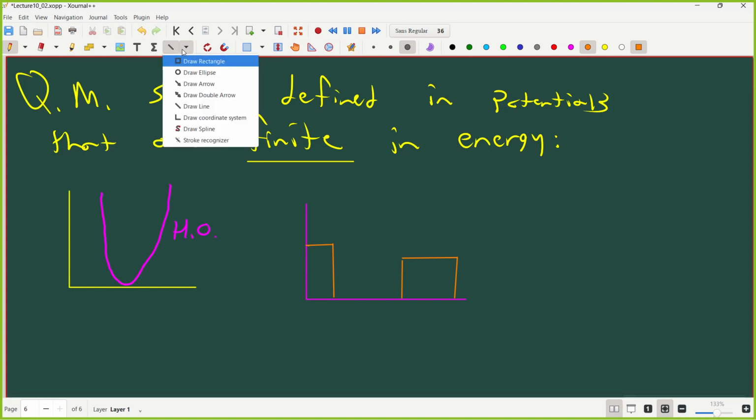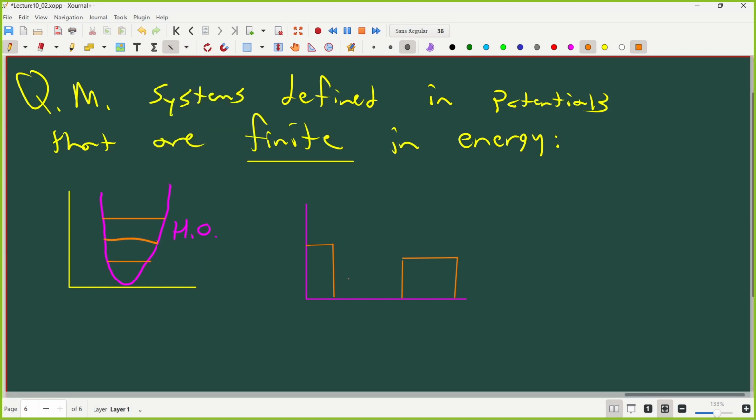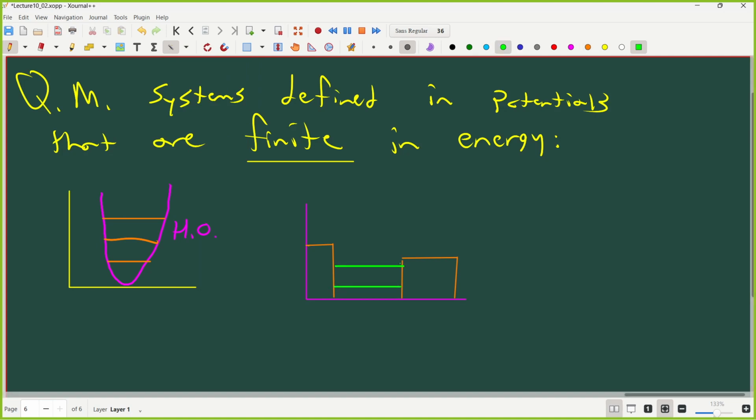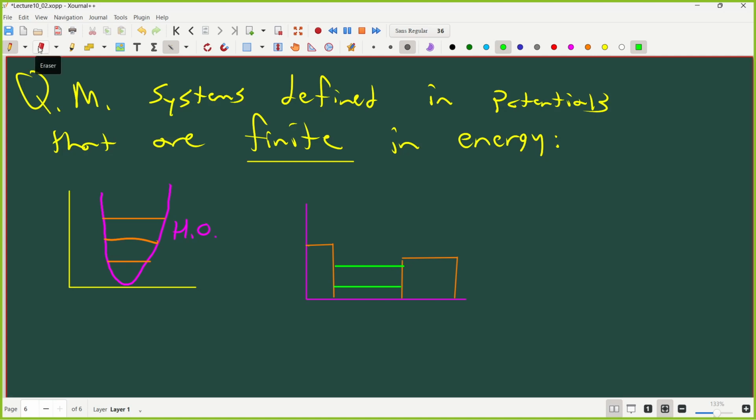I'll draw my little energy levels, for instance. Imagine we have energy levels here and here and here, and maybe we have energy levels in here like this. This is like a finite box.